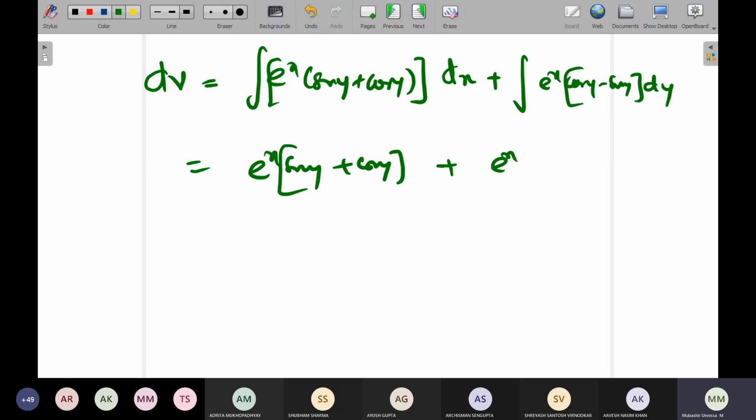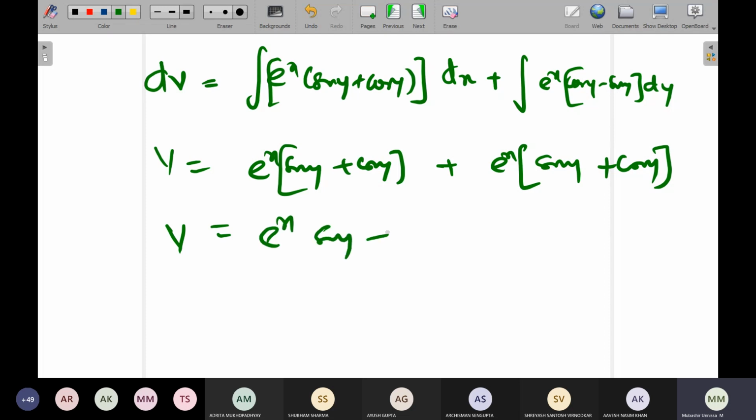And here you'll get e power x, integration will become sin y minus cos y. Correct? What is the integral of sin y? It will become minus cos y. So the answer is V equal to e power x (sin y plus cos y).